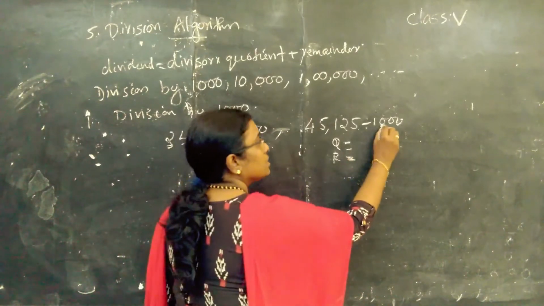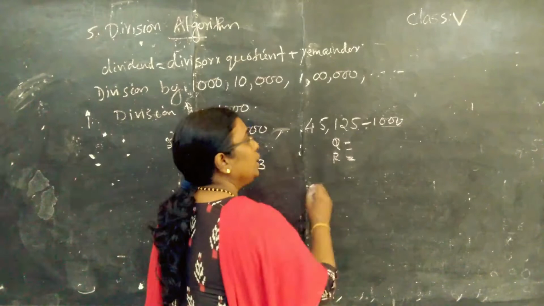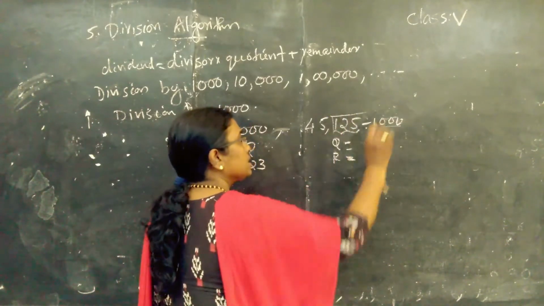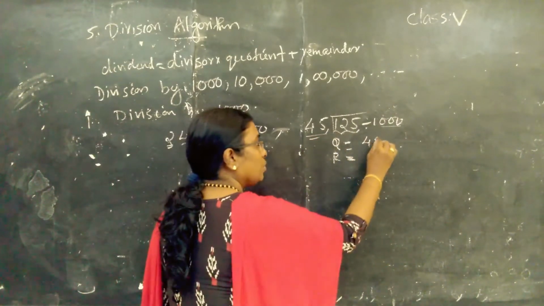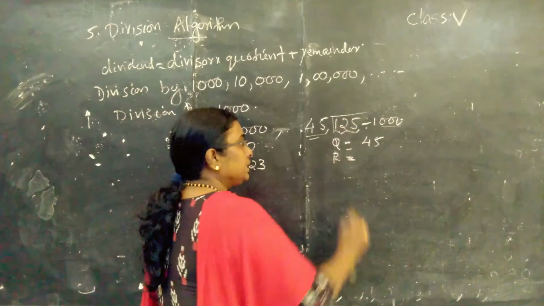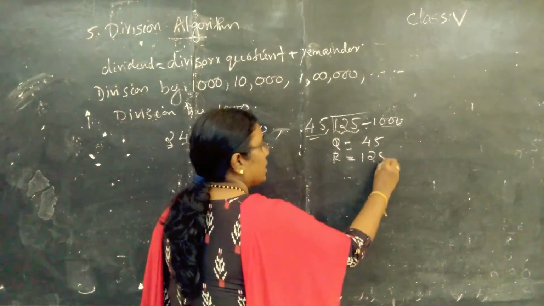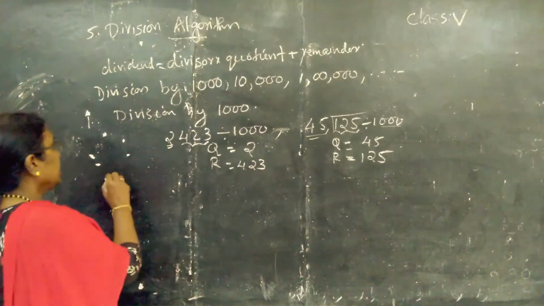Why? 1000 consists of 3 zeros. So, we remove the last 3 digits. The remaining is 45. So, 45 is the quotient. These last 3 digits are the remainder. Remainder is 125.